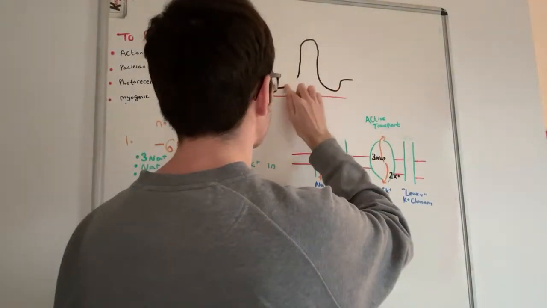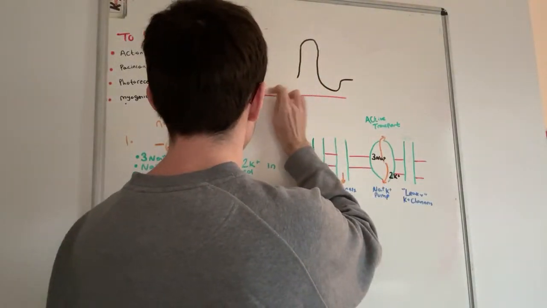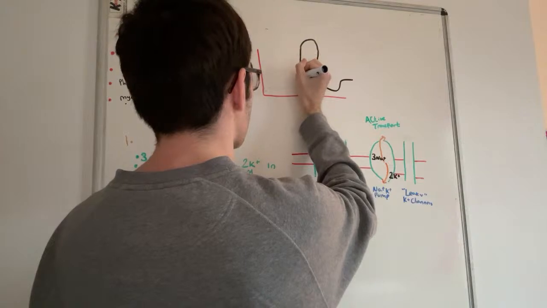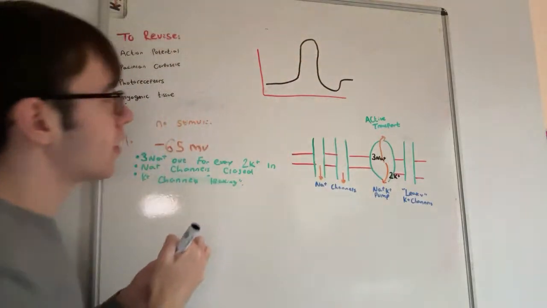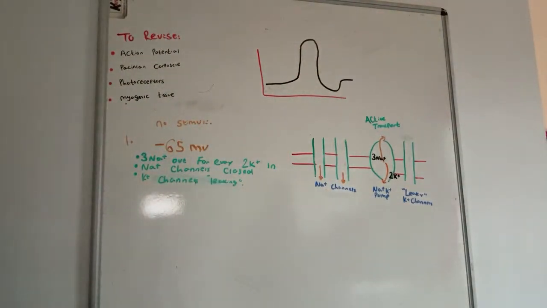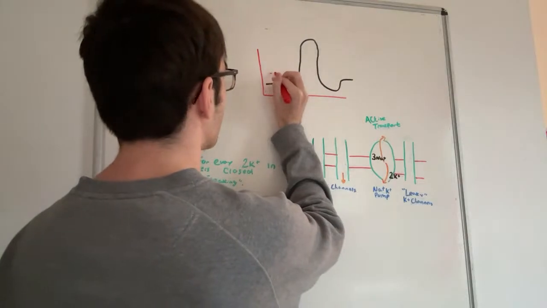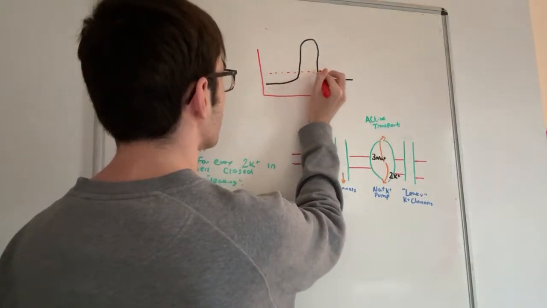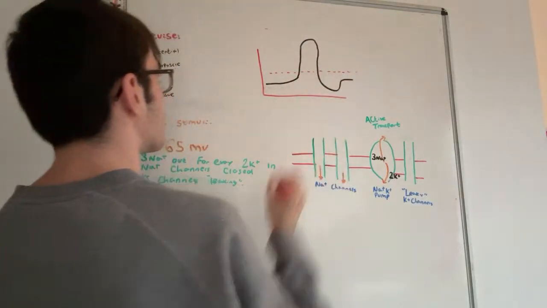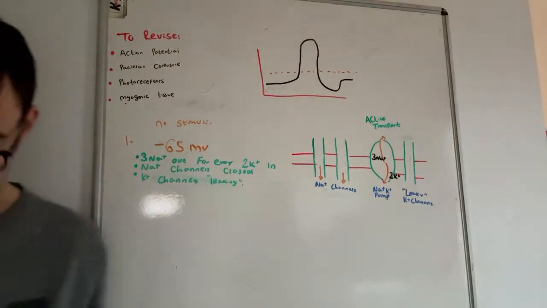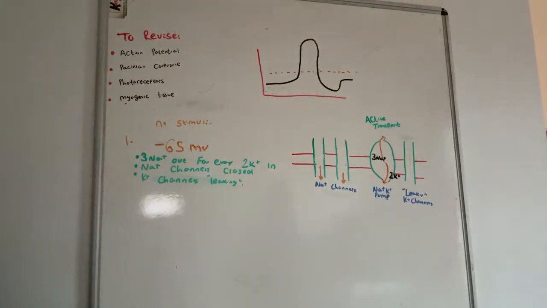Obviously, you have to imagine that both of those lines are the same. And then we can go ahead and draw in the all or nothing, like that. Okay, so that is the threshold.